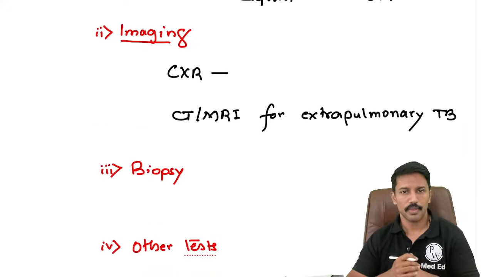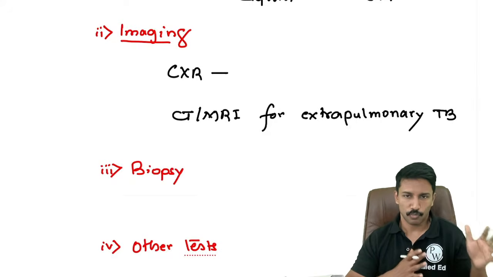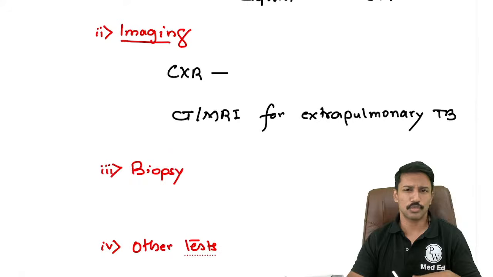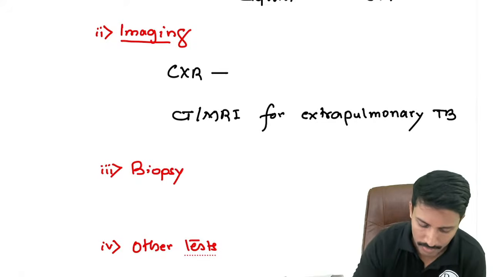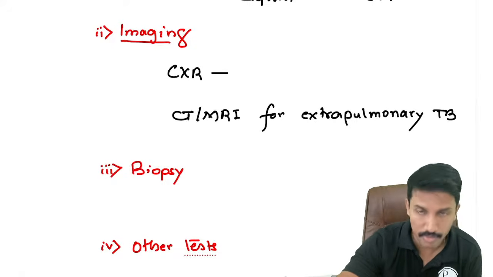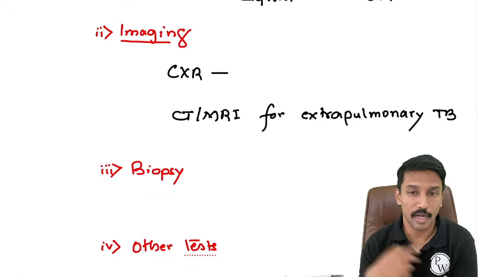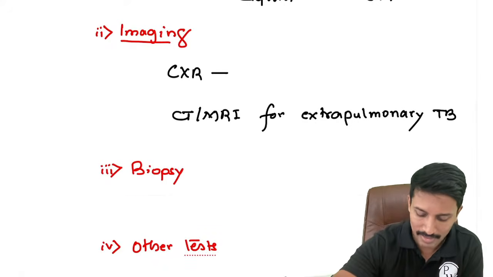We also have imaging. Imaging, of course, chest X-rays for pulmonary TB. For extrapulmonary TB, mostly we have to go for CT or MRI. So on the chest X-ray, what findings will I expect if it is pulmonary TB? Pulmonary TB, as we know, predominantly affects the upper lobes, that too mainly the right upper lobe.